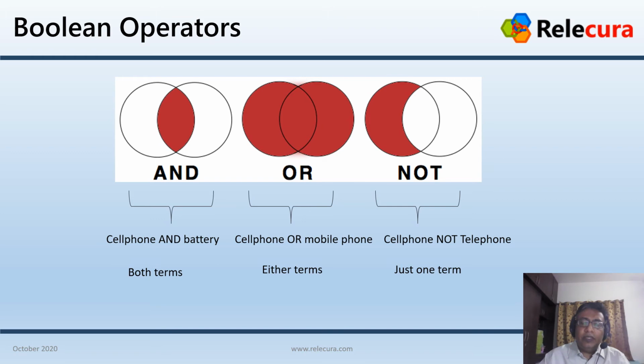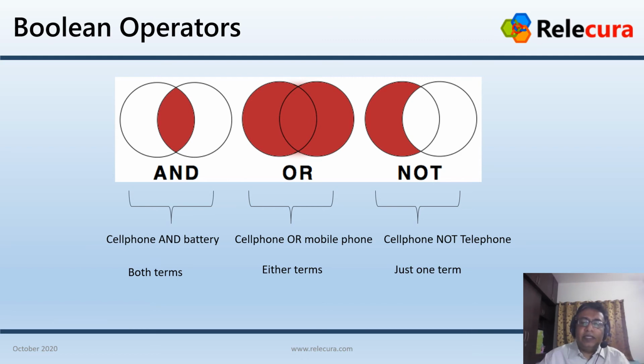And the NOT operator, we use most of the time in order to know what we have not covered, what needs to be covered. So in this scenario, if you're looking for a cell phone and you want to discard any patents related to telephone, you can use it this way: cell phone NOT telephone.